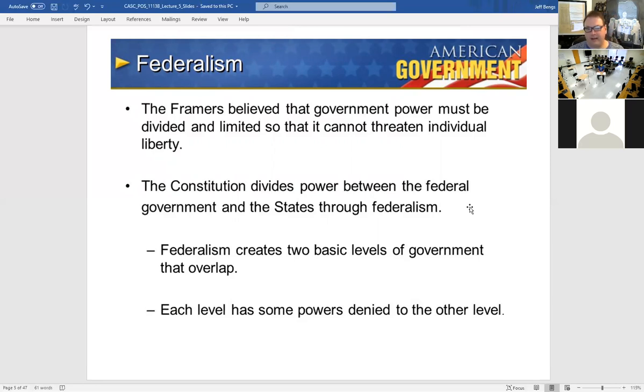This chapter is about federalism. Specifically, when we talk about federalism, we want to understand it as a division of power.